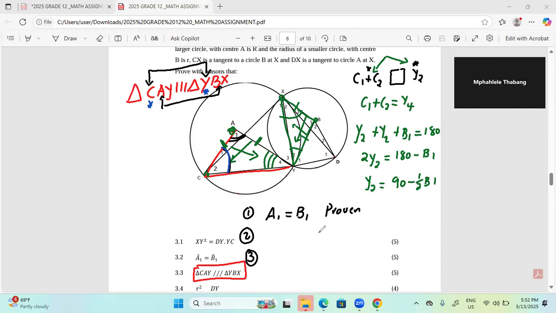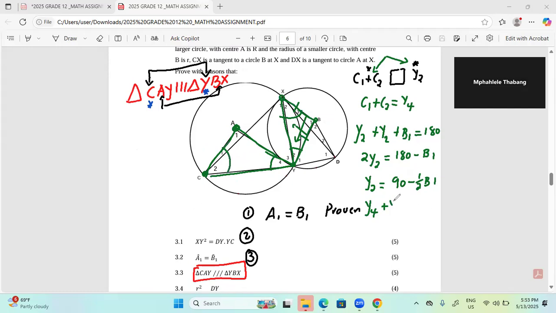And this y2, I really want it to equal y4. So let me go and check about y4. What do I know about y4? This was a bit tricky. Now we are focusing on this triangle ACY. So let me just write here: y4 plus, this C1 plus C2, I know that is equal to y4.